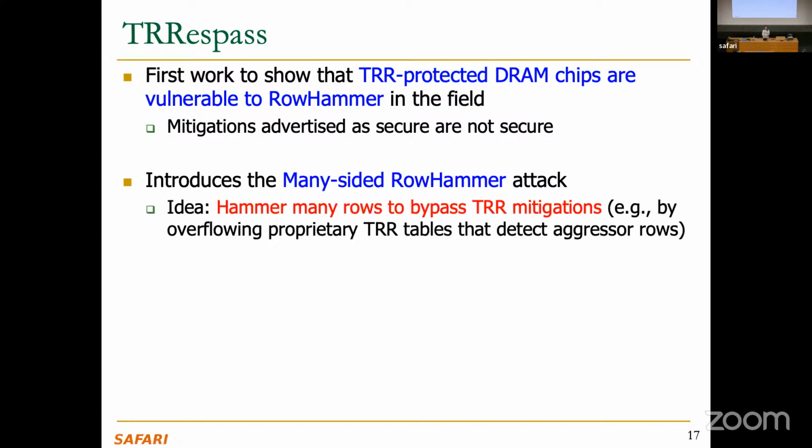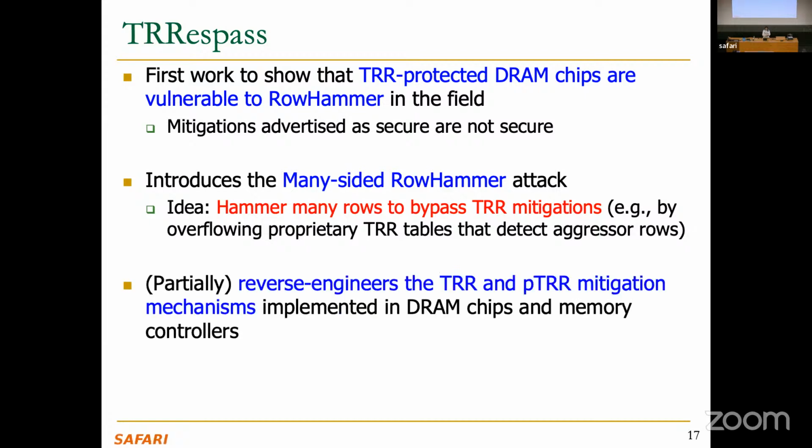So the key idea behind this attack is to hammer many rows to confuse or bypass the mechanism by overflowing the counter tables that it maintains. Basically, the tables are not sufficient to keep track of many aggressor rows, and by hammering many rows at once or around the same time, you overflow those tables and bypass the mechanism.